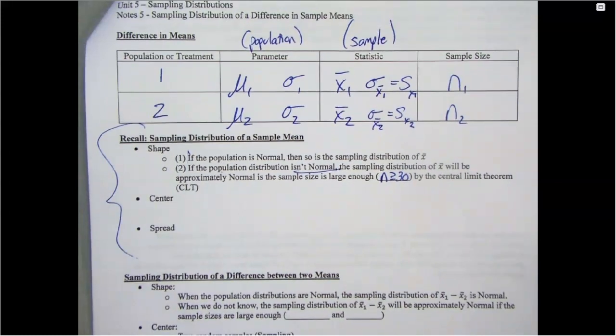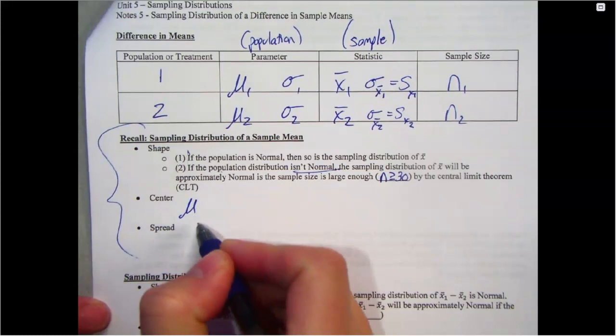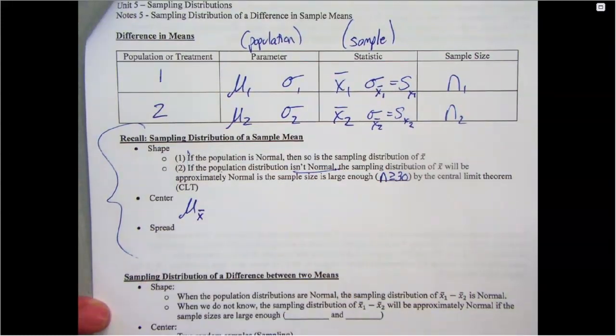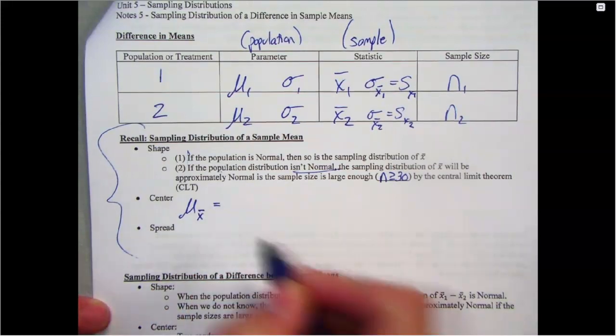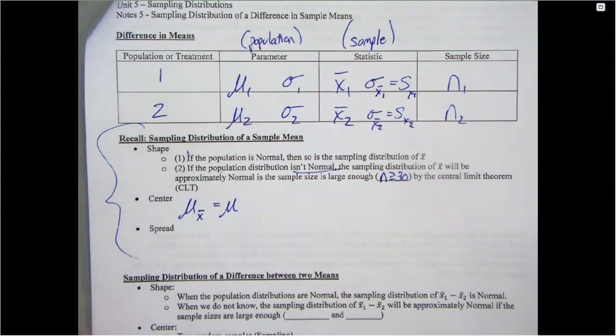This is for one sample mean now, so we're going back. So a sample mean, the center of X bar, the center of the sample mean, is going to equal mu. So if you all take a bunch of samples and we average them all together, that average will be the same as the population average, as long as what?